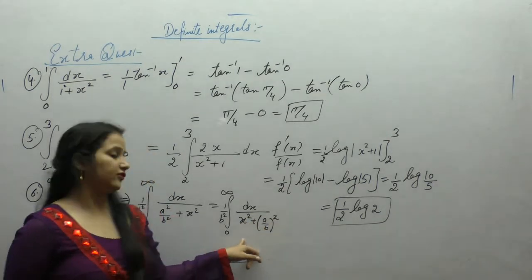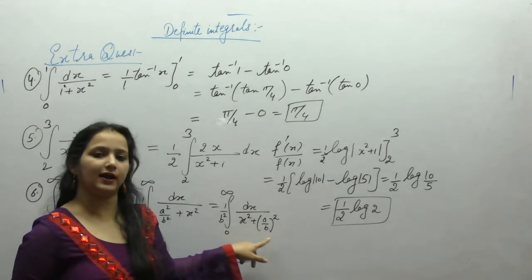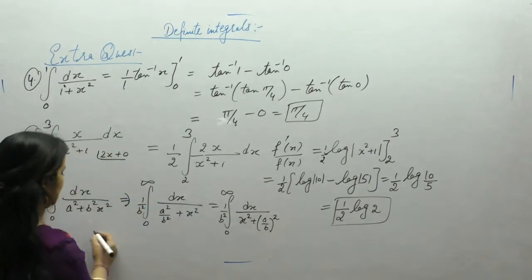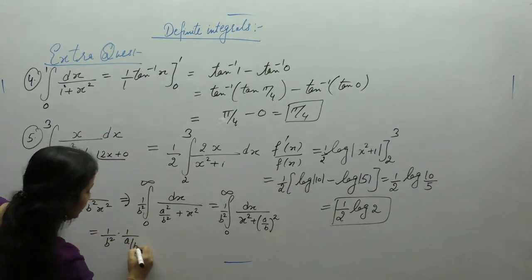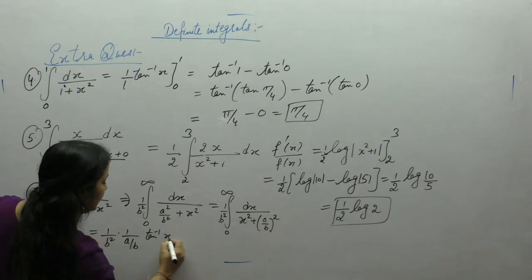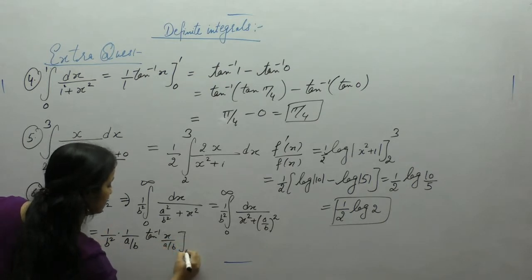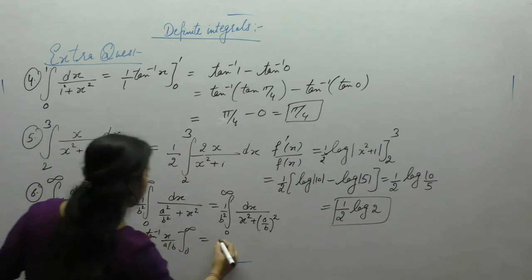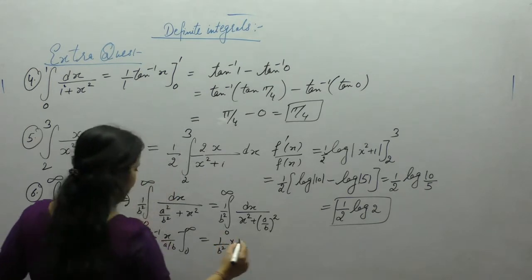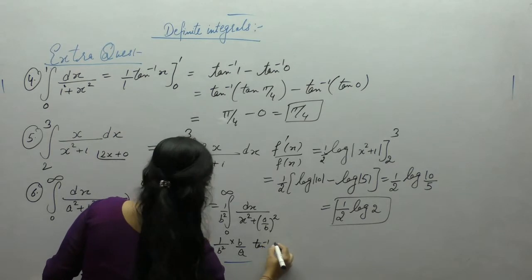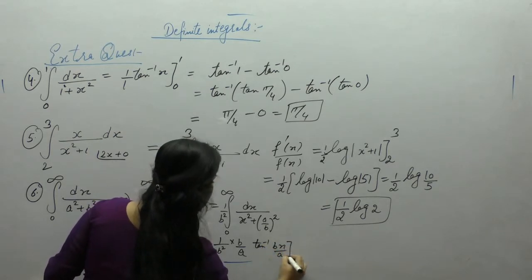This is again of the form integral of 1 upon x square plus a square is equal to 1 upon a tan inverse x upon a.